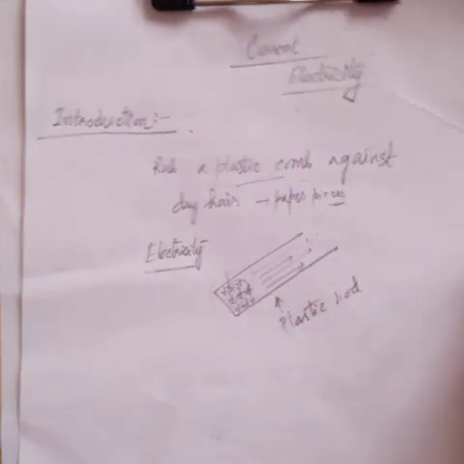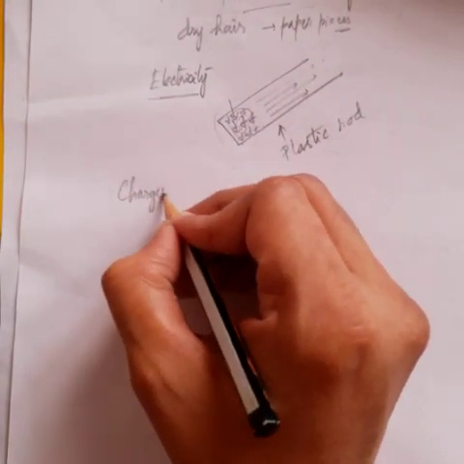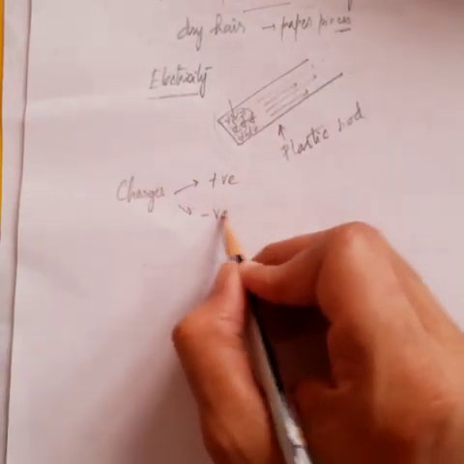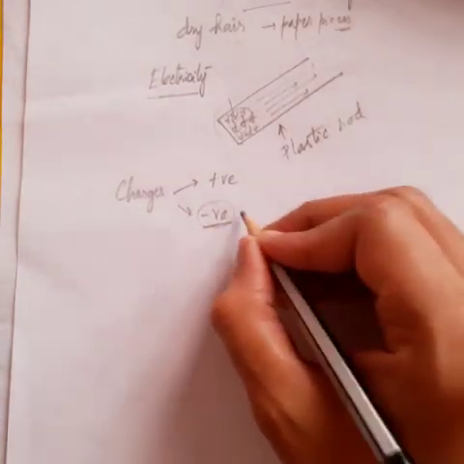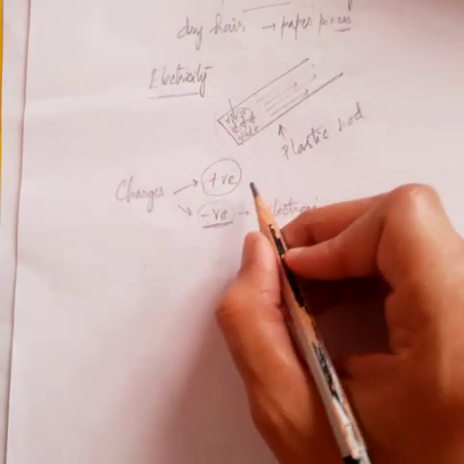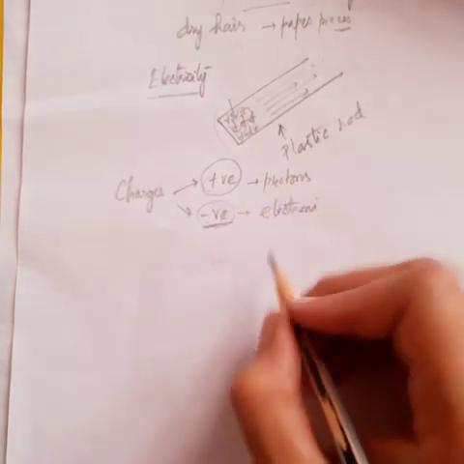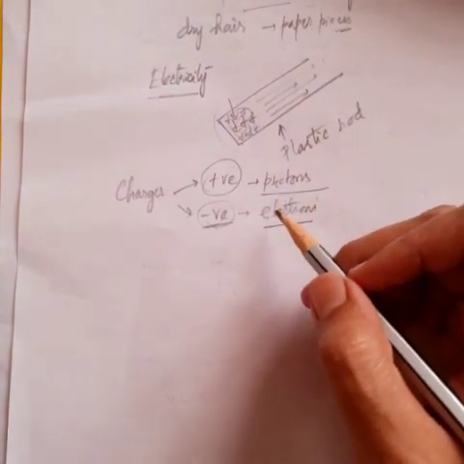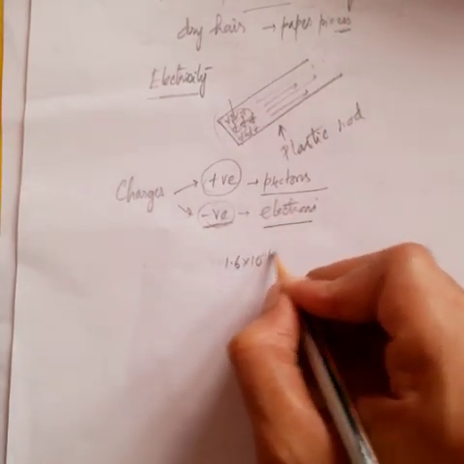Now, in our previous classes we have seen that charges are mainly of two types: positive and negative, right? In atoms the negative charges are called electrons, and in the nucleus the positive charges are nothing but protons. Electrons and protons have exactly the same amount of charge, 1.6 into 10 to the power minus 19 coulomb.